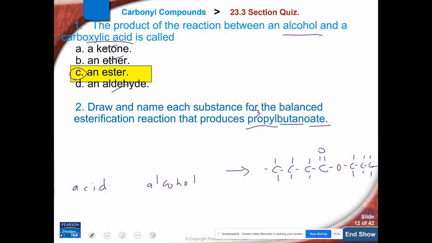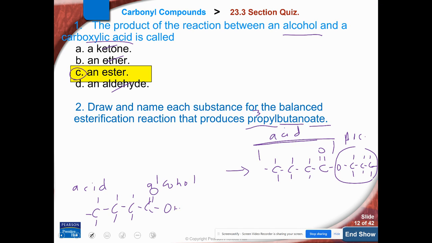So this part over here comes from the alcohol. I'll just do ALC for short. This part over here comes from the acid. So I'll start with the acid. So I know I need this. And then OH.